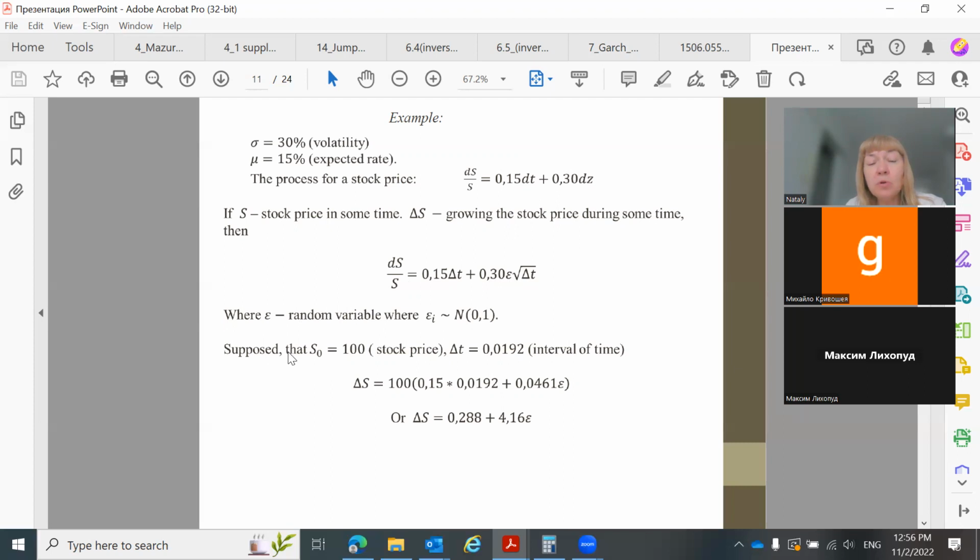Suppose that S0 equals $100, or euros, or hryvnia, I don't know. And for example, if we consider an interval of time delta t equals 0.0192, it just seems that it's 1 week or 1 day. I don't remember. Maybe 1 week. One week.